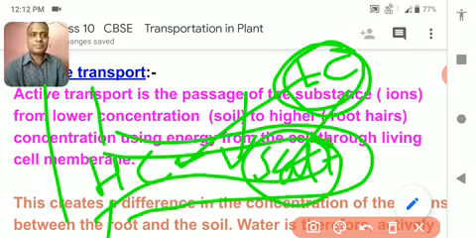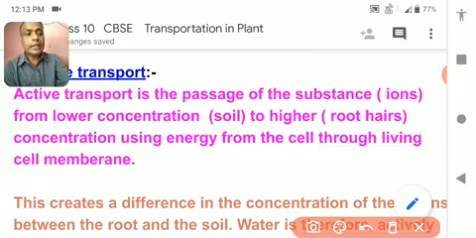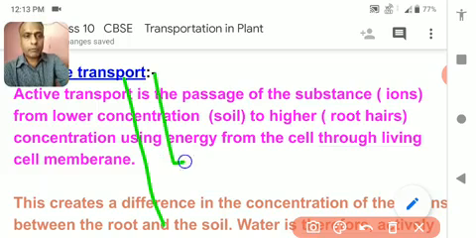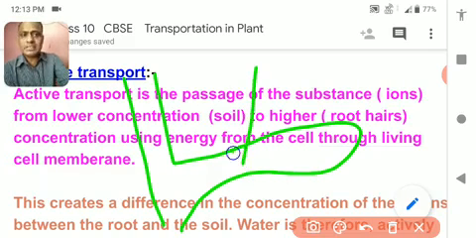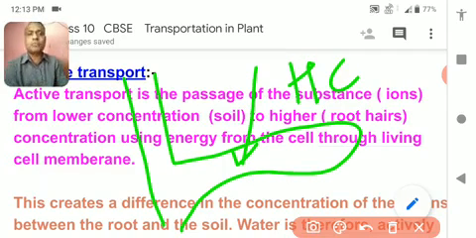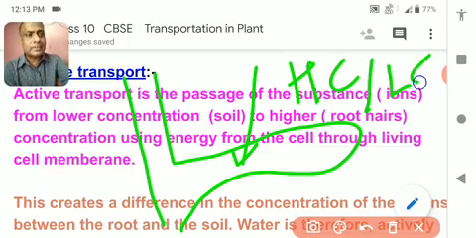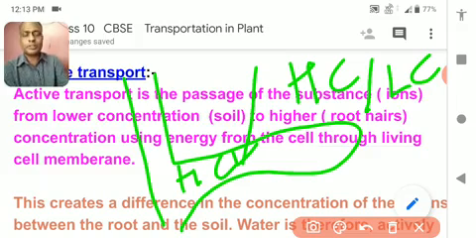the root hair. Once again I am repeating, to make you understand. Water easily moves inside because the concentration of water is more outside. So water automatically moves inside the root hair without any use of energy. But what will happen with the mineral? The mineral will not come because the mineral is less concentrated outside than the mineral concentration of the root hair.